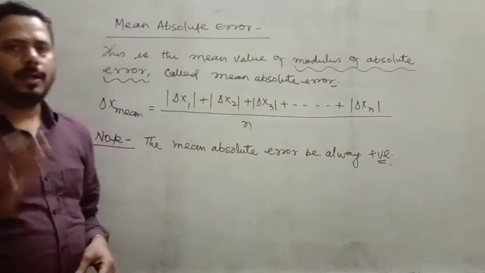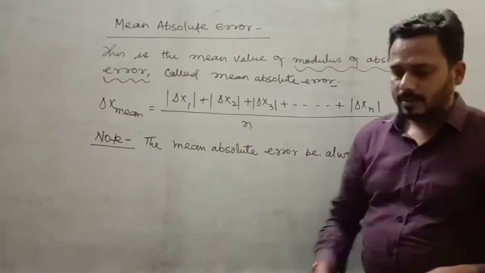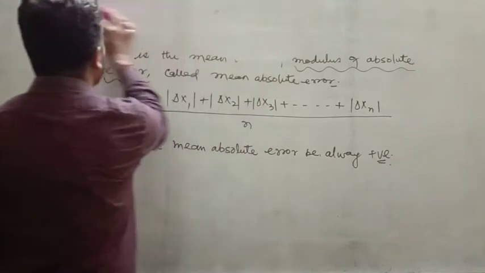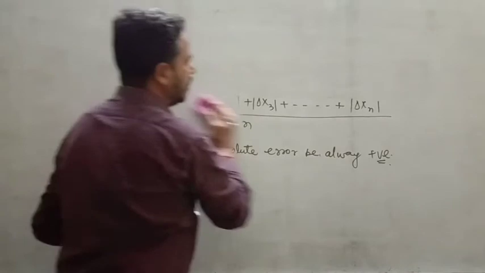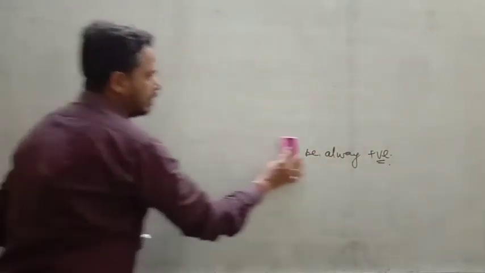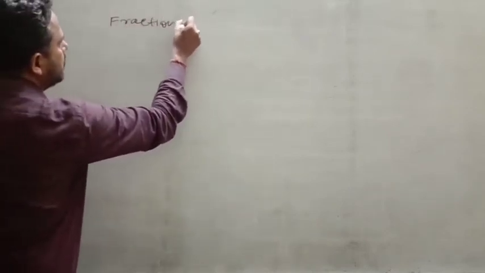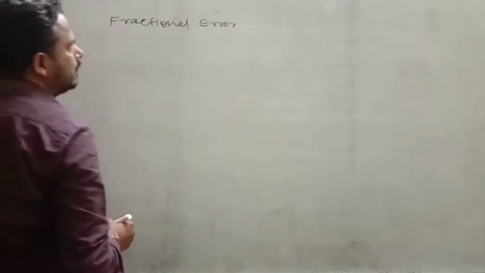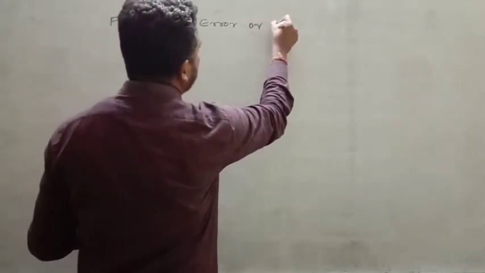Okay, and then the next one is fractional error. Fractional error is also called relative error.